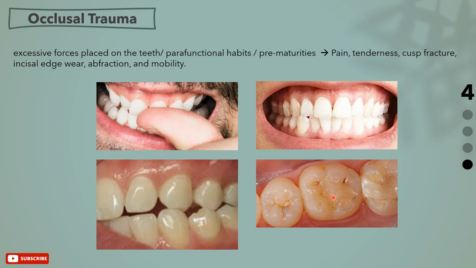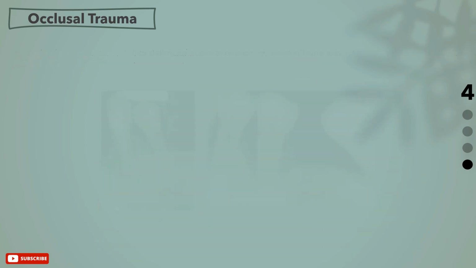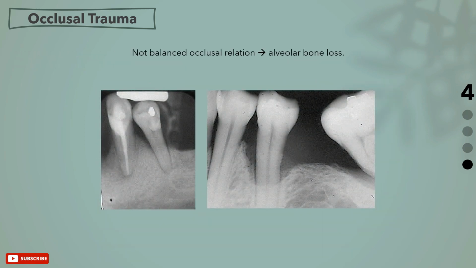Pain, tenderness, cusp fracture, incisal edge wear, abfraction, and mobility can all be results of occlusal trauma. Unbalanced occlusal relations between the opposing arches can lead to alveolar bone loss, horizontally and vertically.